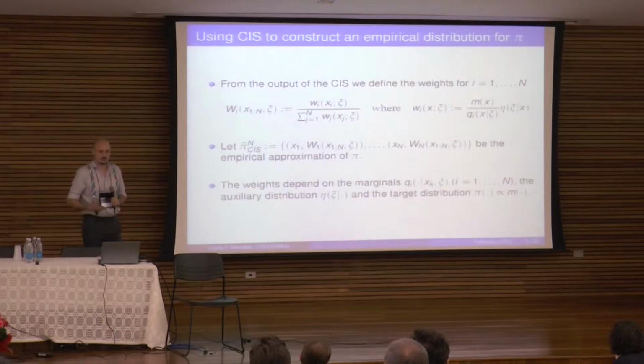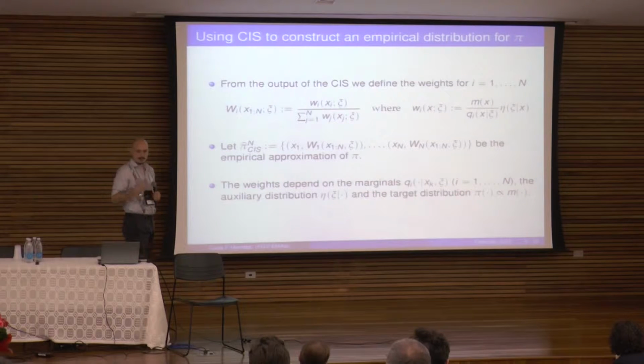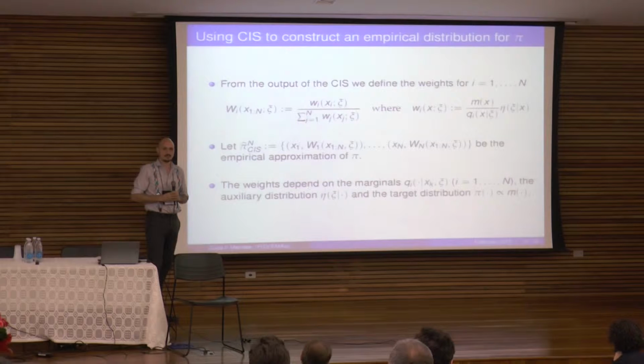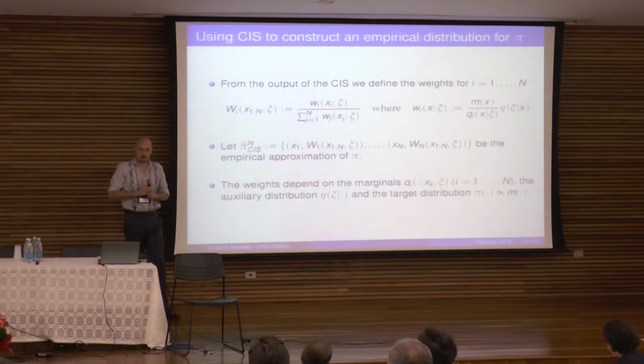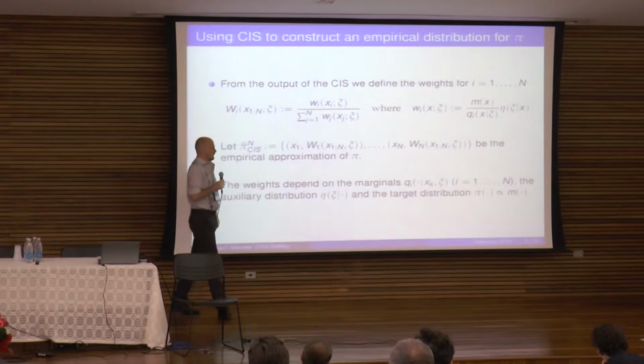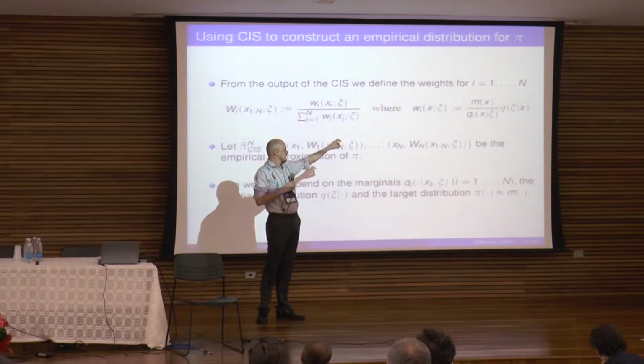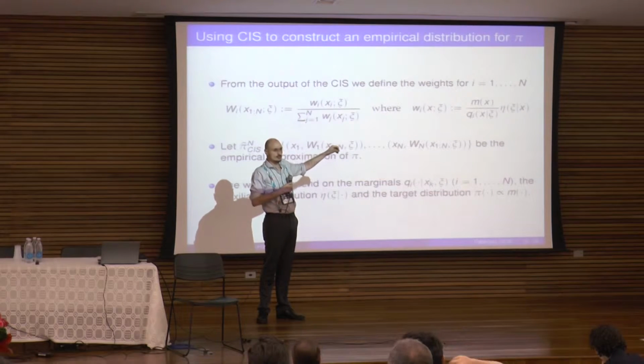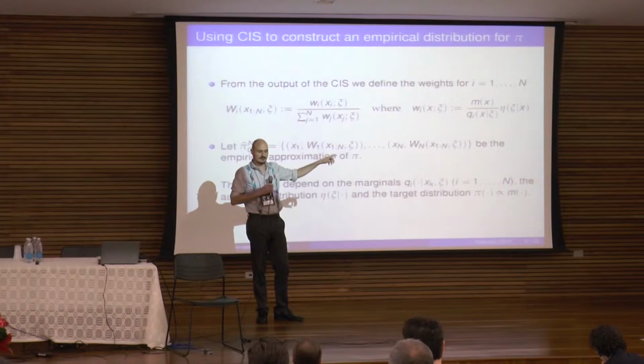Now, how can I construct an approximation? How can I approximate moments using this conditional importance sampler? Well, I have to construct a weight, which in our case is given by wi, which is m over q, just like in the importance sampling case.